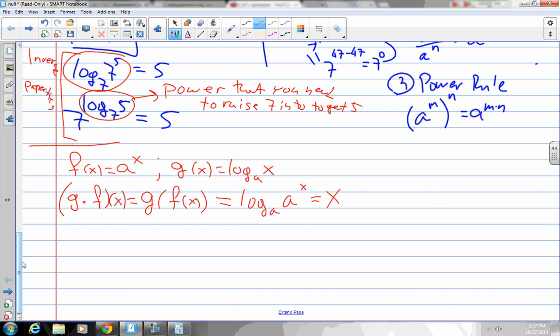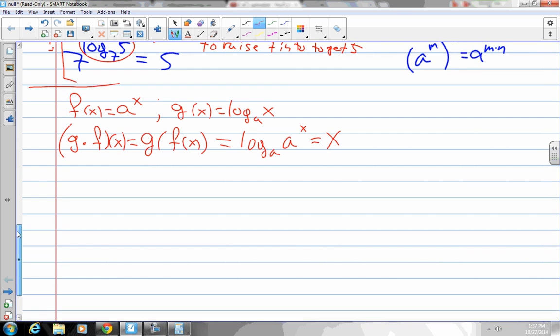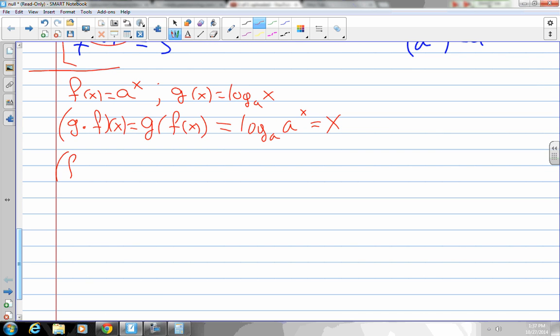So that's why if I go the other way, if I take the composition f of g of x, right? So f is the exponential function, and g is the logarithmic function. So we get something like this. This would be the composition the other way. But again, by the properties of inverse functions, that better be x. So it is x, because it's the composition of a function and its inverse.